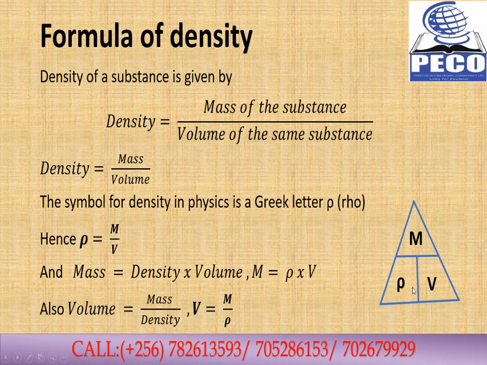And if I want to get volume here, it is mass over density. That triangle there gives us a summary of the three formulas in one, and you'll be able to recall that formula very easily.